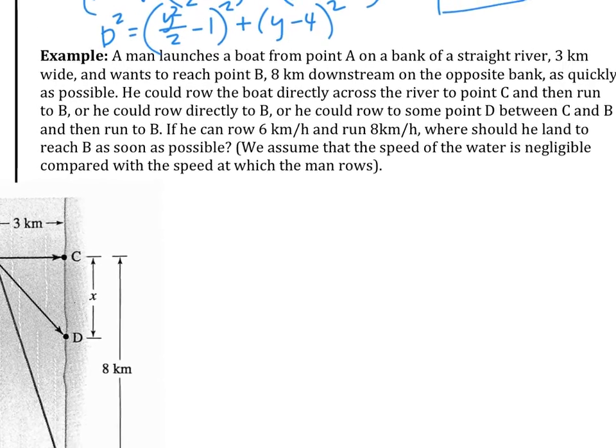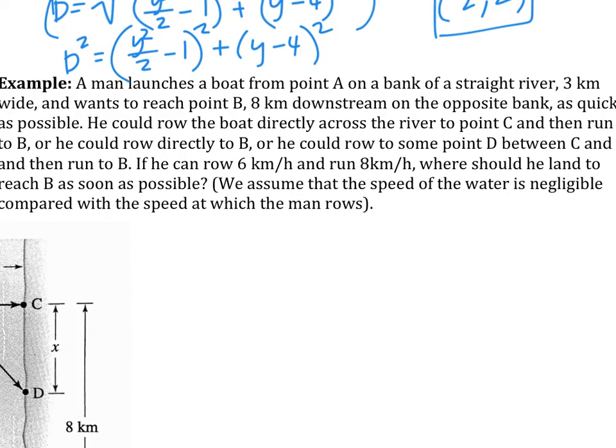All right, let's look at this question. A man launches a boat from point A on the bank of a straight river, 3 kilometers wide, and wants to reach point B, 8 kilometers downstream on the opposite bank, as quickly as possible.